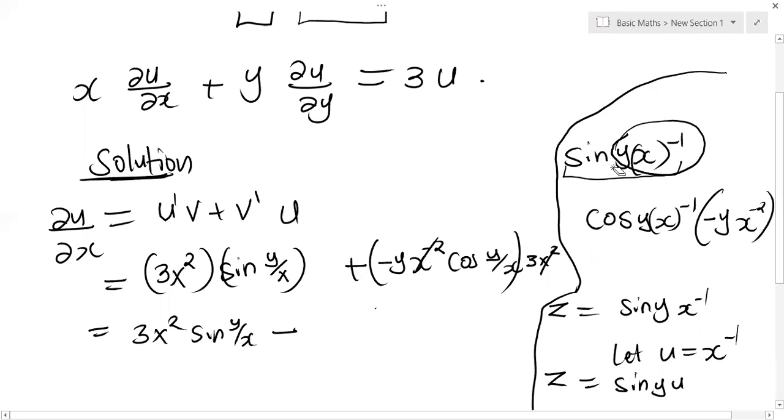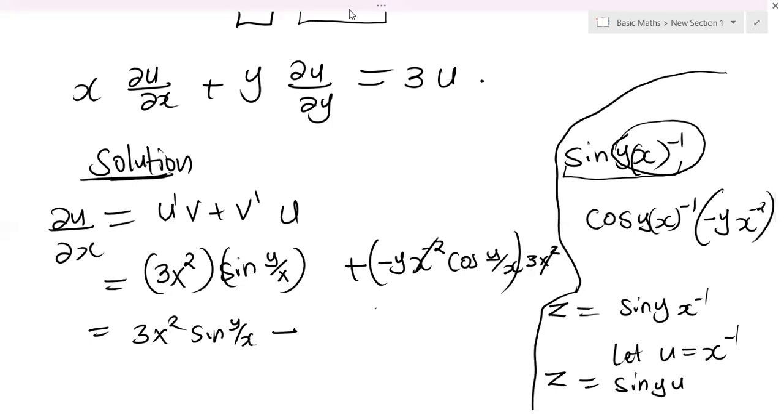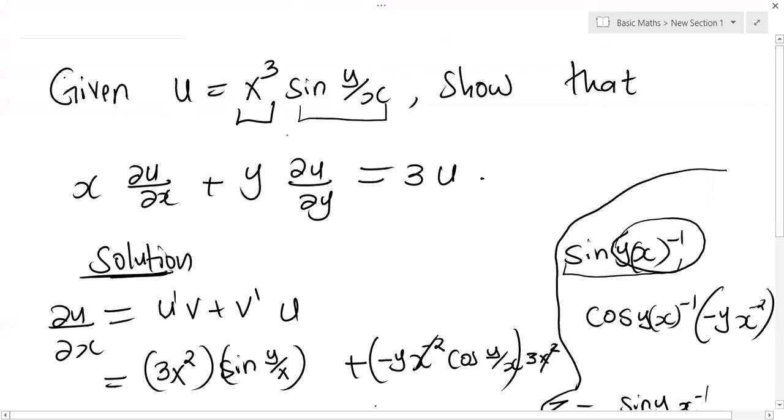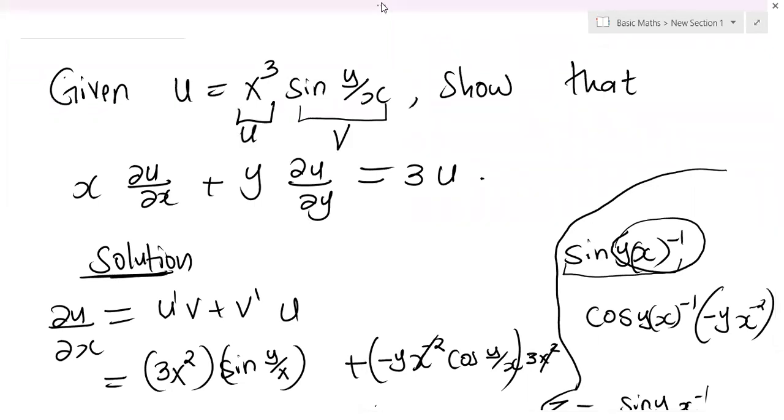Okay, just a minute. Sorry, what was the value of u? This was the value of uv. So let's correct that. The value of u here is supposed to be x cubed.